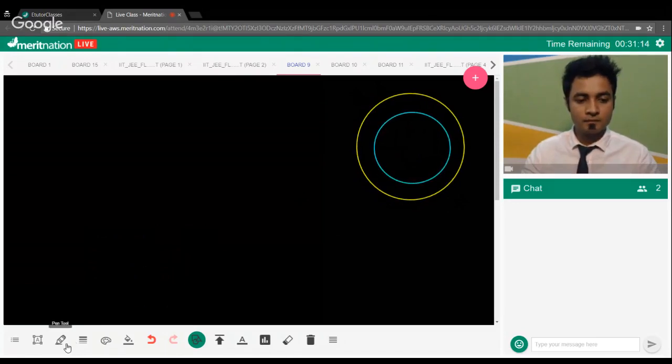This is the center, and this is a vertical line. And here are the two liquids.